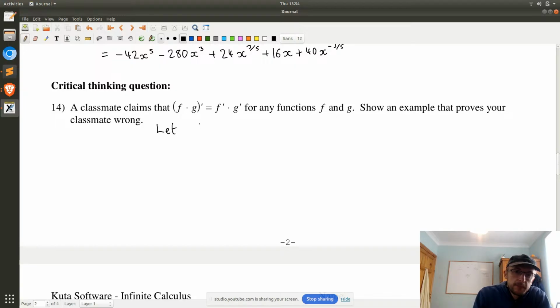Okay, what's like the absolute simplest counterexample I could cook up? Just trying to think what's good.